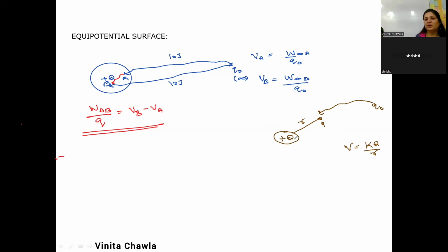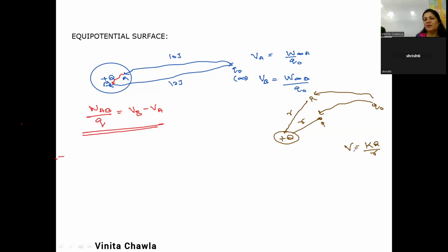Now let's take another point R, and this distance is again the same R. So this charge has to do the same work in reaching point R, because both the points are at equal distance from the charge.